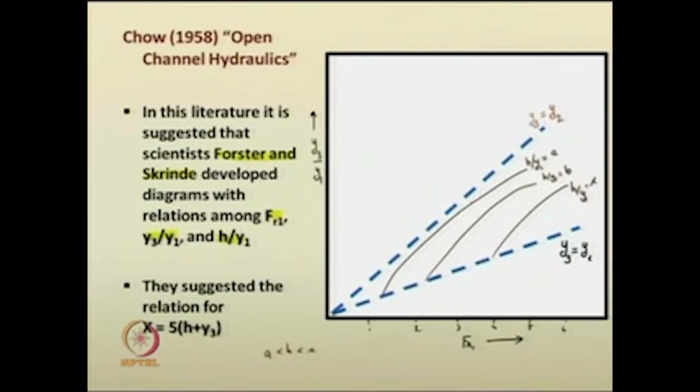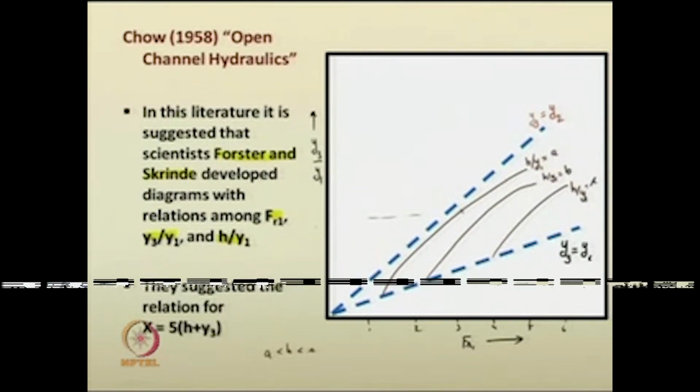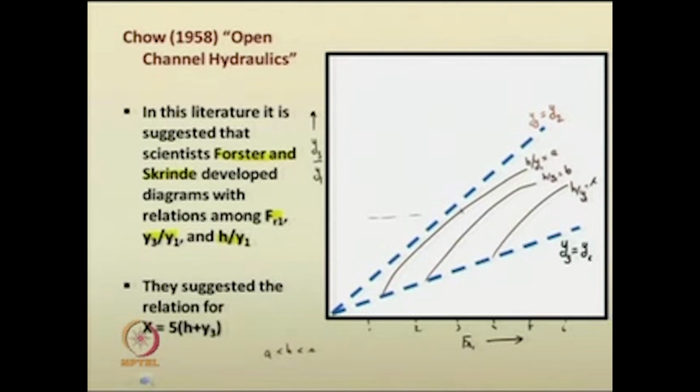Say for an h by y1 curve, if one curve is given to you and if the incoming Froude number is somewhere here, just check what is the depth. So, you will get the corresponding y3 by y1 ratio or y3, like that you can infer for the design purpose.